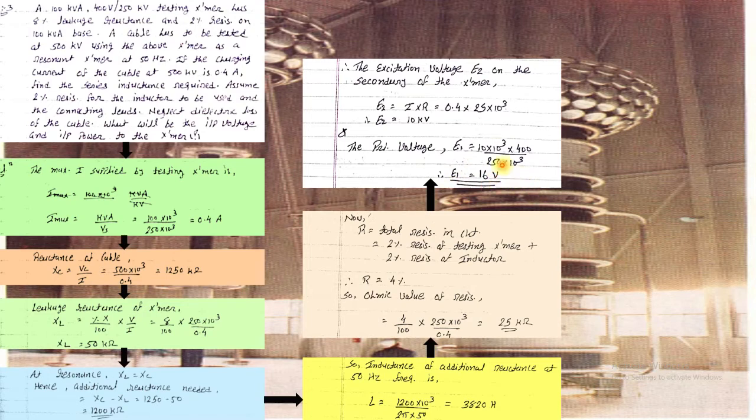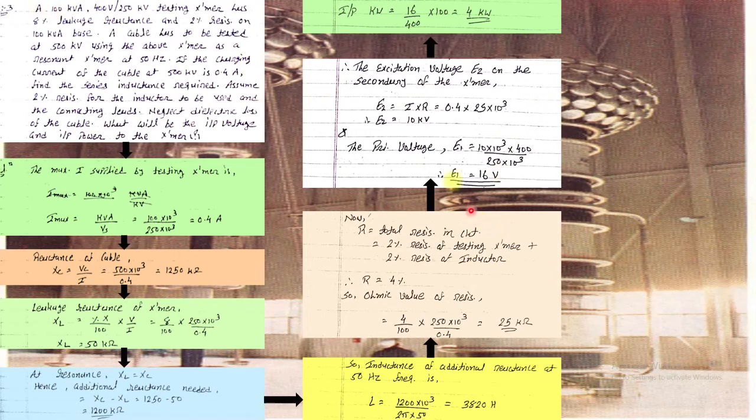Okay, the primary induced EMF is 16 volt, and the primary input power is E1 divided by primary voltage into 100. So it will give us 16 by 400 into 100, which is equal to 4 kilowatts. So this is the input power required by the transformer for this test procedure.